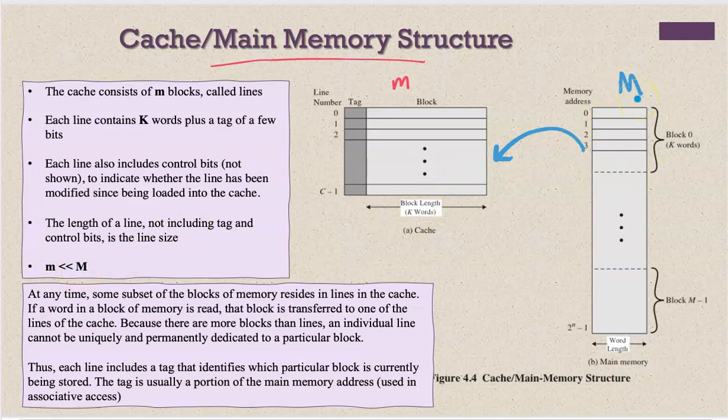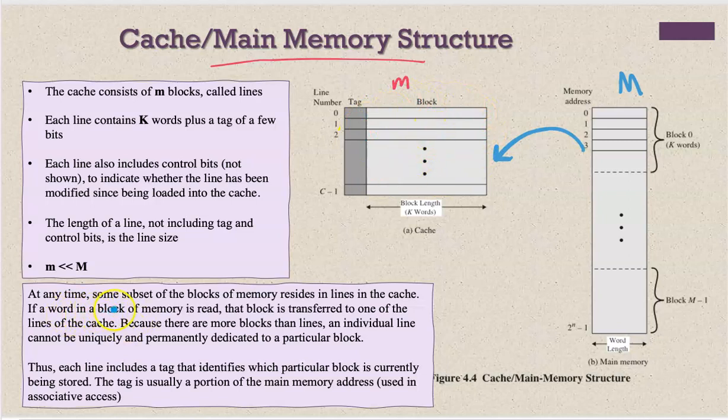Remember, the memory will always have a greater capacity compared to the cache. The cache has faster access, the memory has slower access. The capacity is different, the response time is also different. At any time, some subset of the blocks of memory resides in lines in the cache. For example, we have block 0, block 1, 2 mapped into the cache because the cache requested this data, so it is already there.